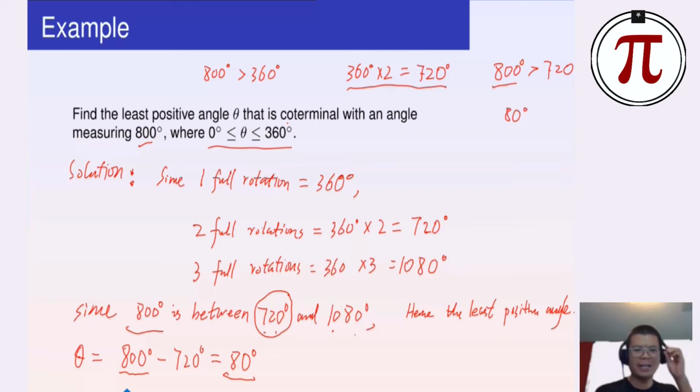So in order to find the least positive angle that is coterminal with an angle that is large, like this one, 800 degrees, you try to find the coterminal positive angle theta, which is between 0 and 360.